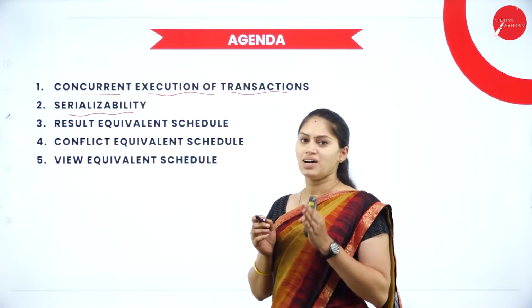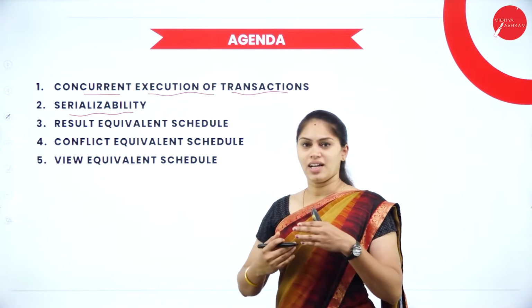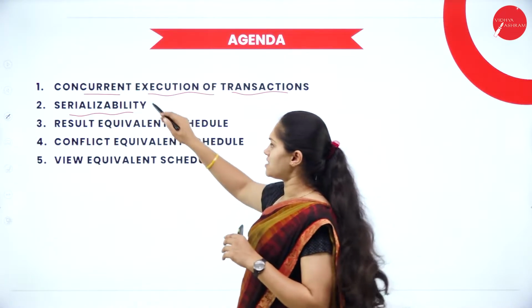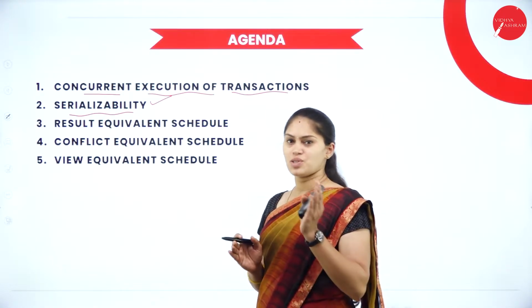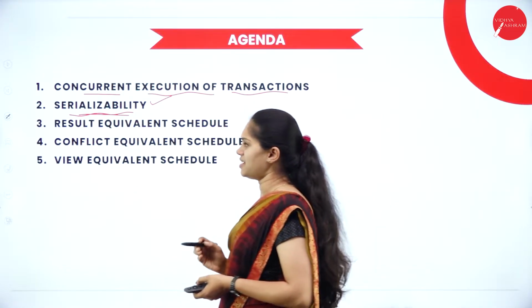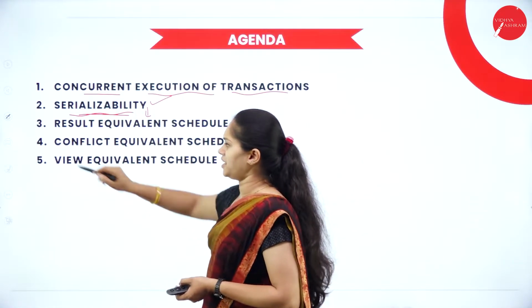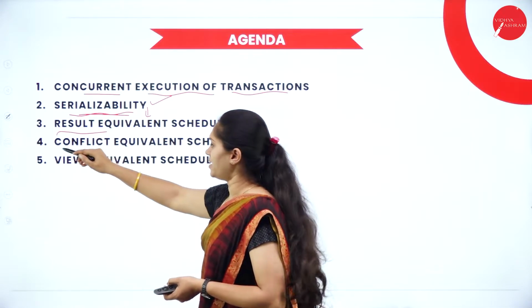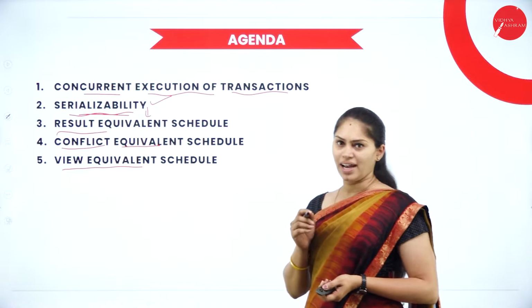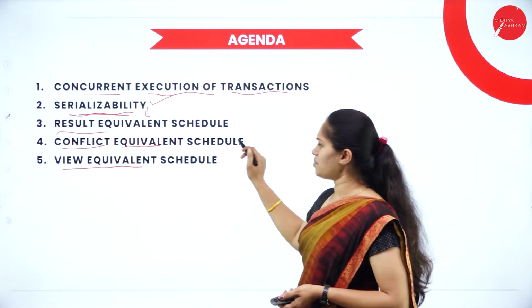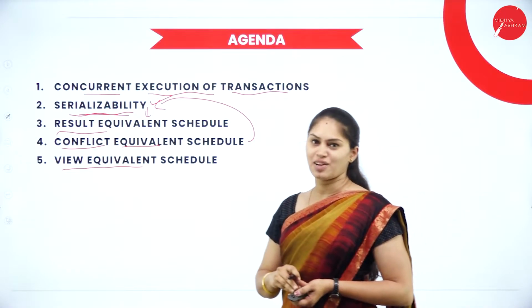Already we know we have serial schedules and non-serial schedules. To understand serializability, we first require the types of schedules, so I will discuss that in today's session, and also the types of serializability. It includes result equivalent, conflict equivalent, and view equivalent schedules. All these are the types that come under serializability. We'll discuss them one by one in today's session.